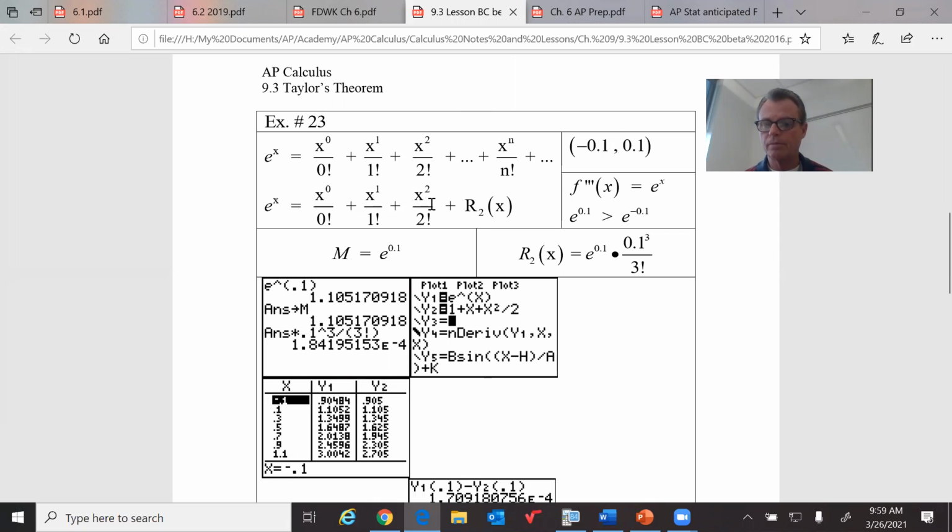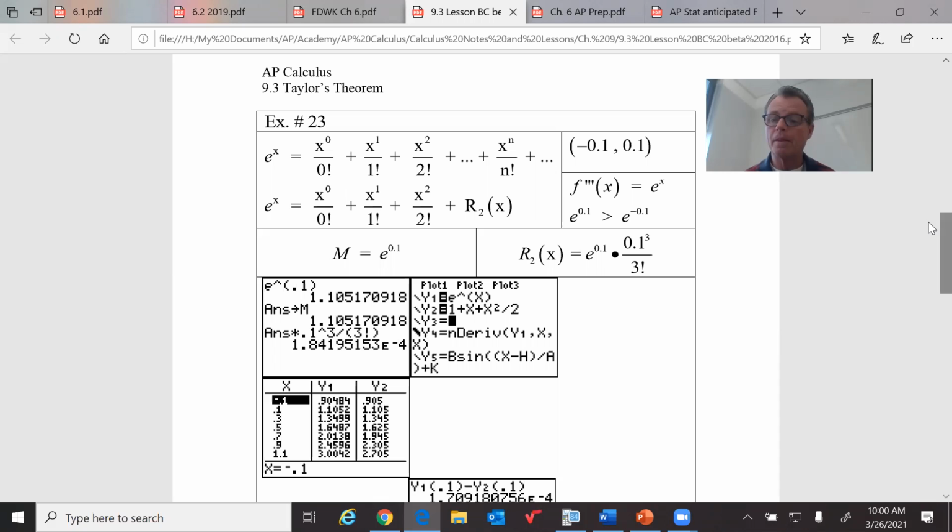Second order term, there's the remainder. The third derivative is e to the x. On this interval, e to the 1/10 is larger than e to the -1/10, so I use e to the 1/10 as the m value. 1/10 cubed, here's the term, the next term, over 3 factorial. So that is this number down here in scientific notation. Okay, so this number is your error bound.